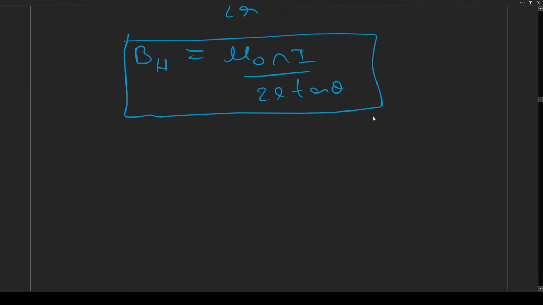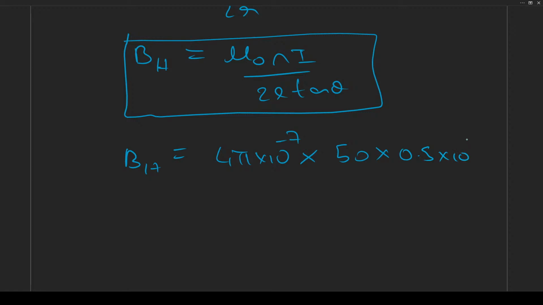Anyways, BH is equal to, mu naught value is 4 pi into 10 power minus 7, into N value, I believe 50 turns, into 0.5 milliampere current, by 2 times 20 centimeter, 20 into 10 power minus 2, into tan 30 degrees, which is 1 by root 3.